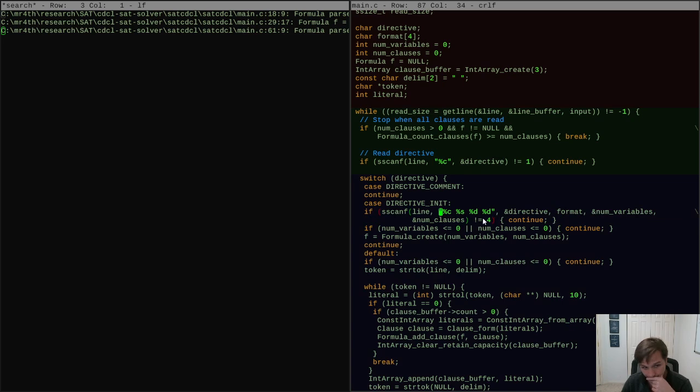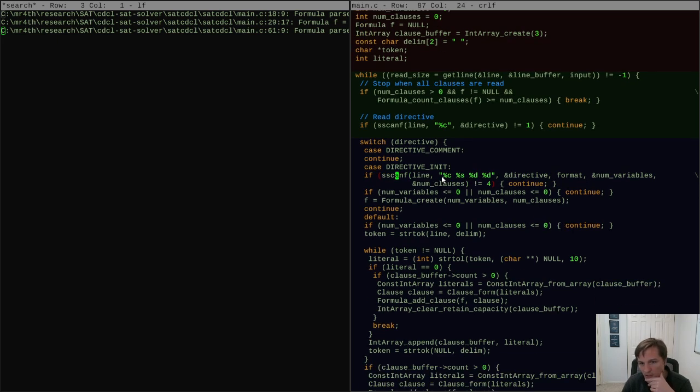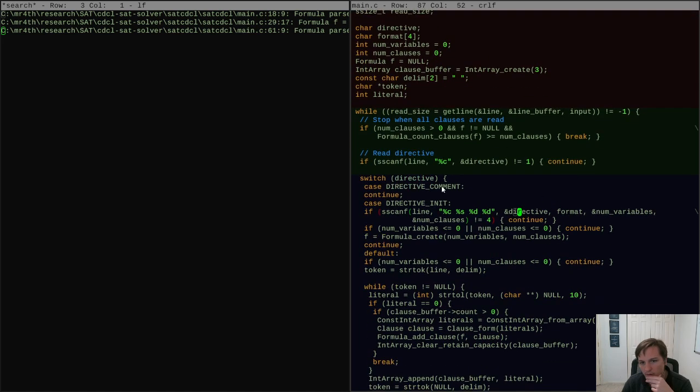So scanf grabs the line, and this is a function that I never feel comfortable using, but it's basically reversing a printing operation. So it's grabbing stuff out of this line and putting it here. So we get a character for the directive.